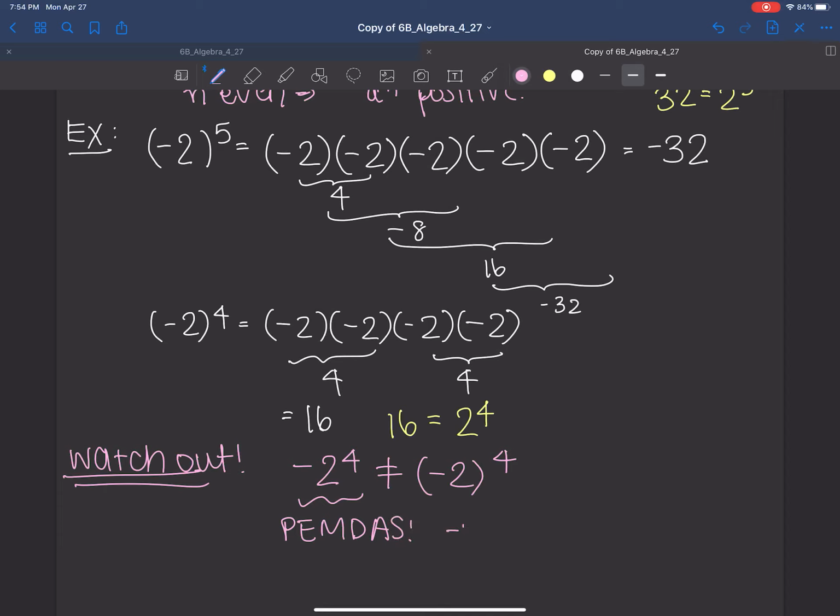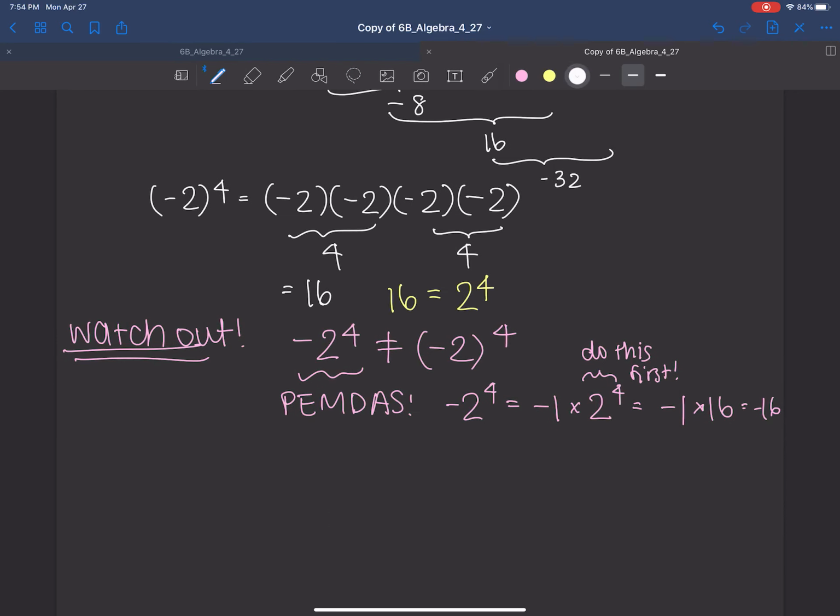Because minus 2 to the 4, you can think of as minus 1 times 2 to the 4. And this tells us do exponents first. So now we have minus 1 times 16, and then there's minus 16. Okay, cool.